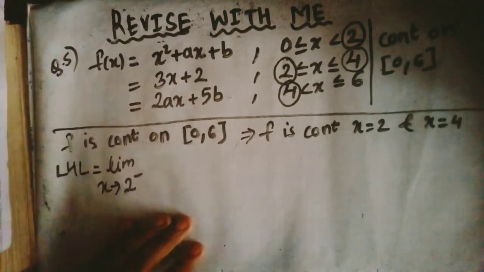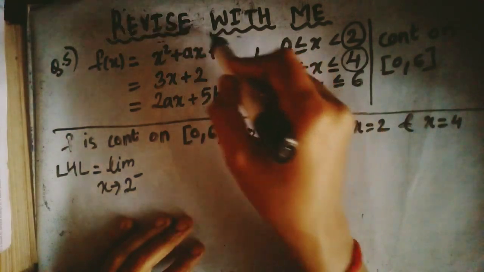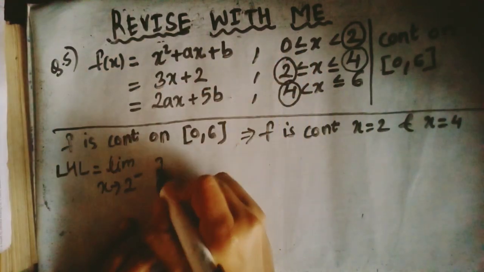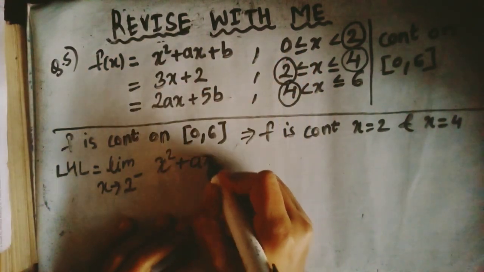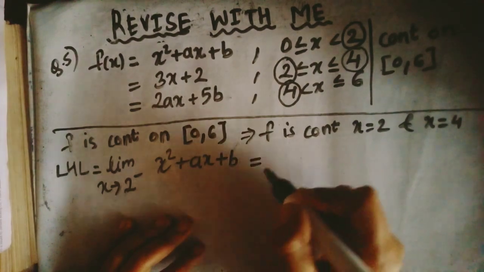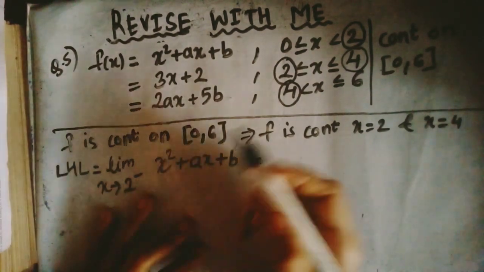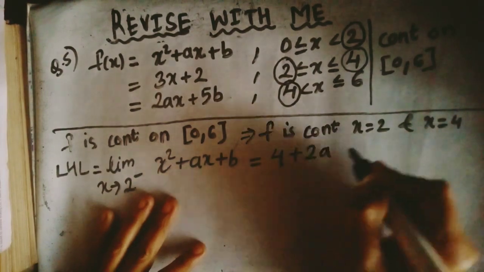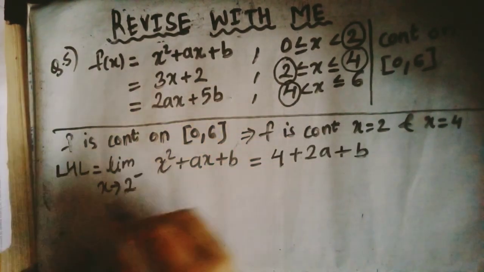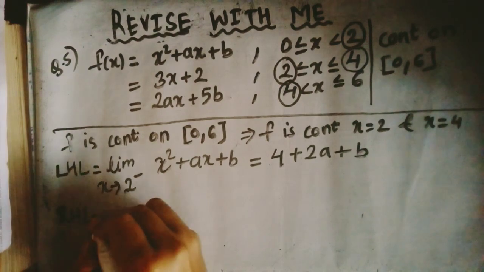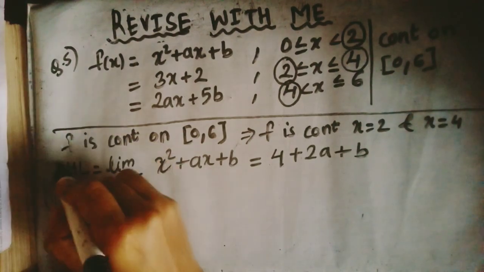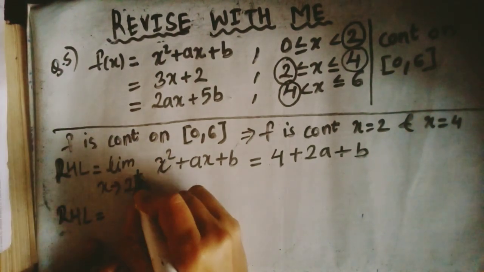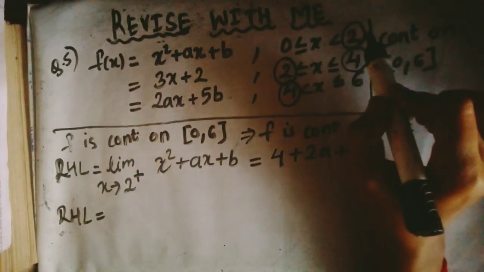So we have to consider x square plus ax plus b. You have to substitute the value of 2, so 4 plus 2a plus b.